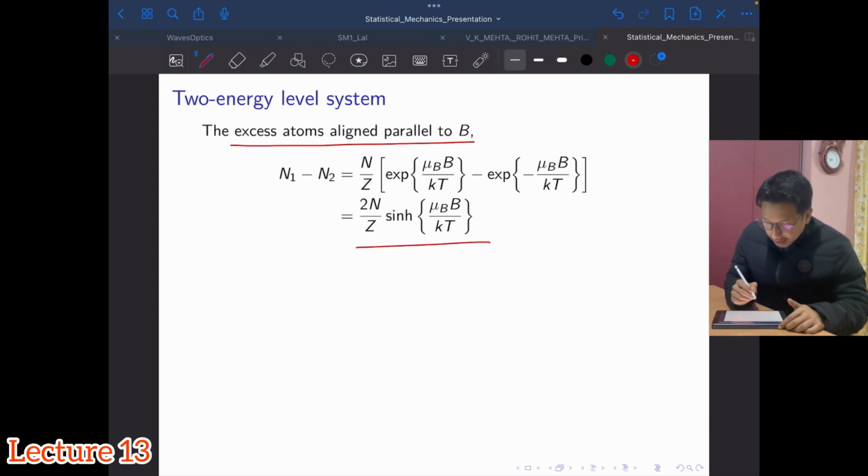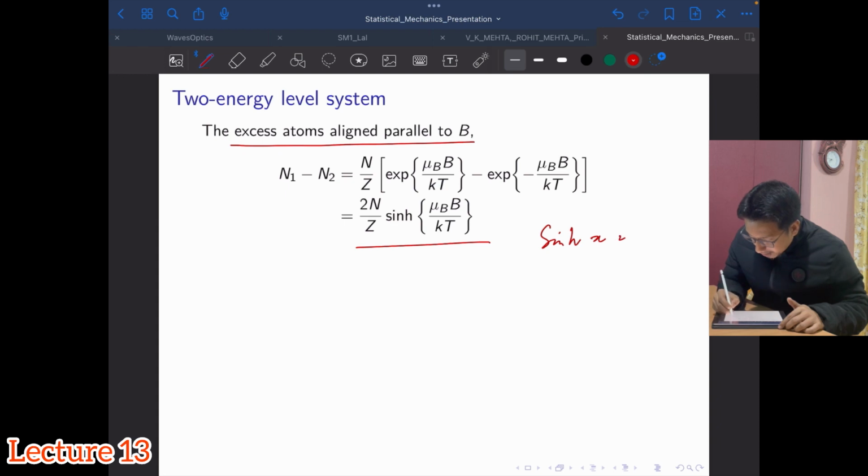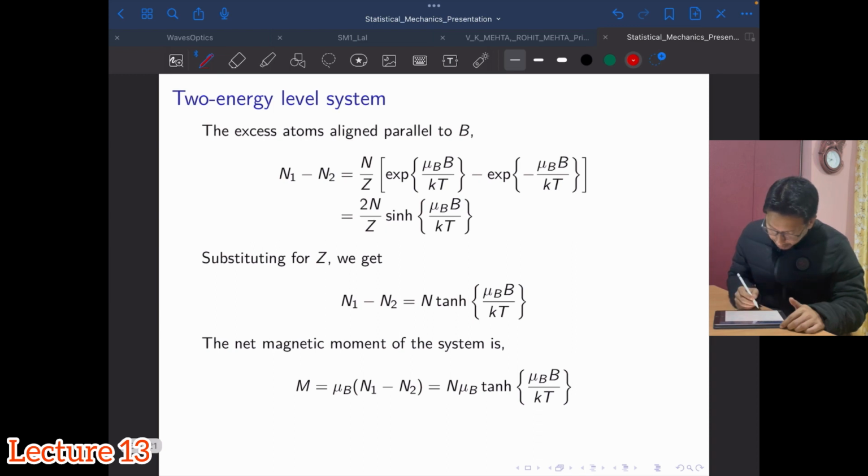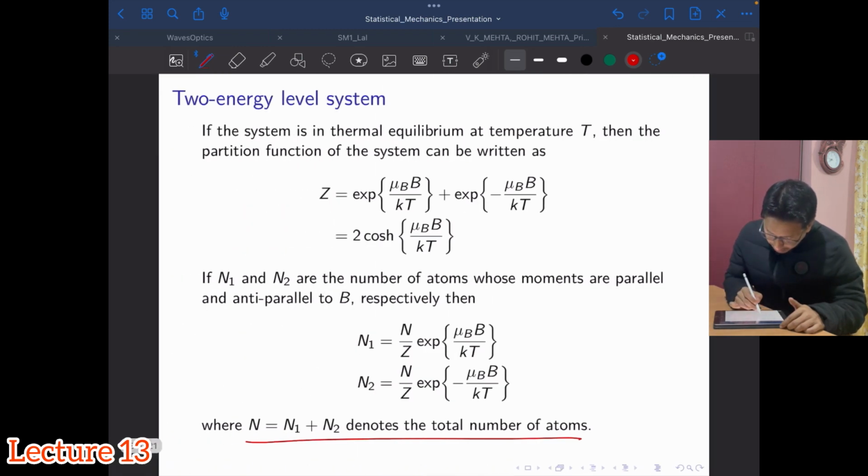Here I use the sine hyperbolic function. As I said, sinh x is given by e to the power x minus e to the power minus x, divided by 2. Using this formula I get sine hyperbolic. Next I substitute for this Z, which I have already calculated: Z was 2 cosh of mu B by kT.